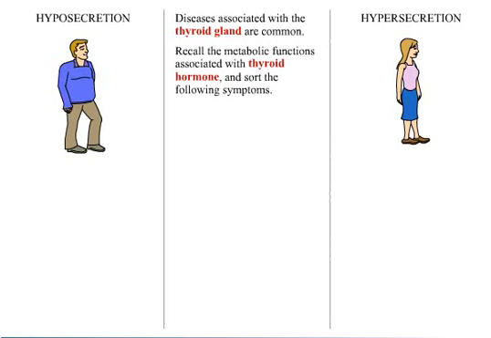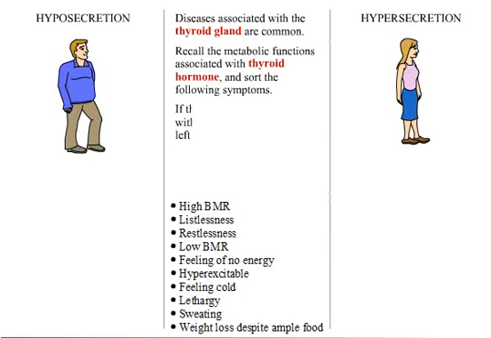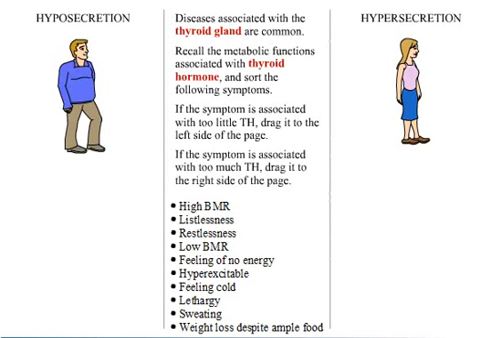Recall the metabolic functions associated with thyroid hormone and use that knowledge to sort the following symptoms. If the symptom is associated with too little TH, drag it to the left side of the page. If the symptom is associated with too much TH, drag it to the right side of the page.